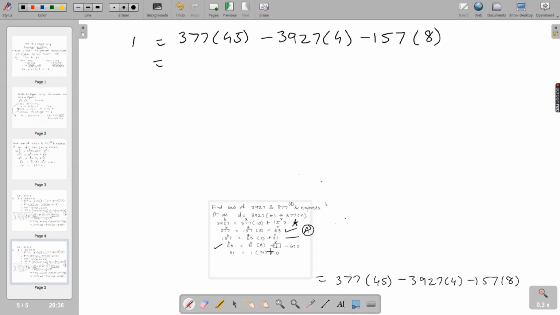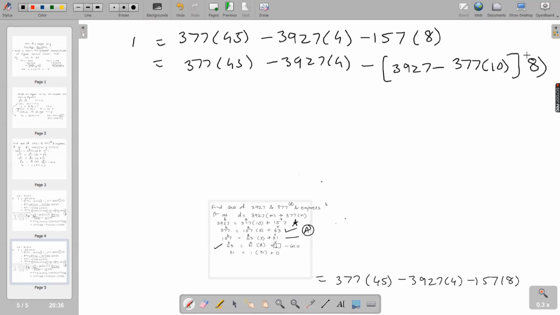And from this star expression, I have this 377 into 45 as it is, minus 3927 into 4 as it is. Now, in place of 157, I'm going to again substitute from this star, that is 3927 minus 377 into 10 and the whole thing into 8.